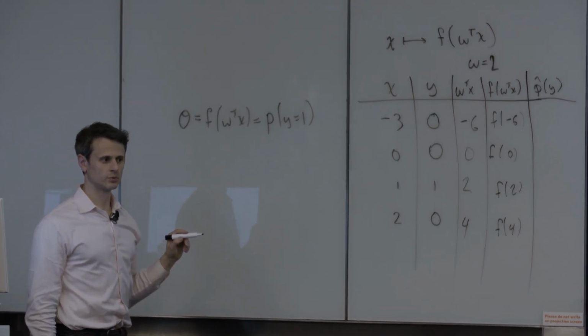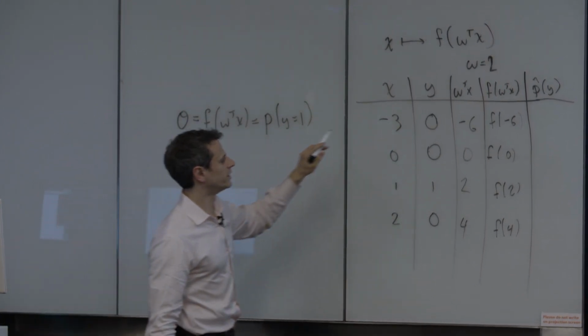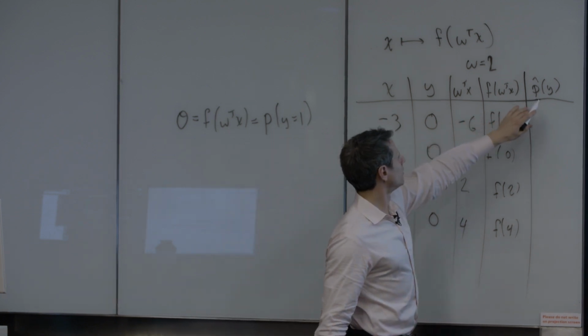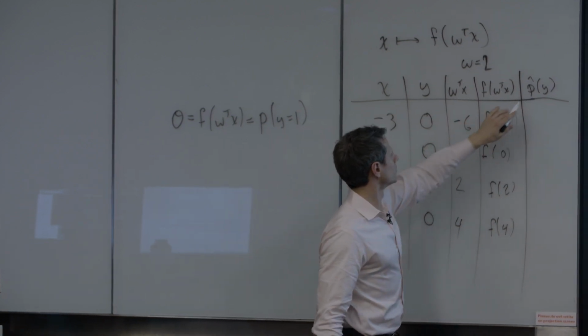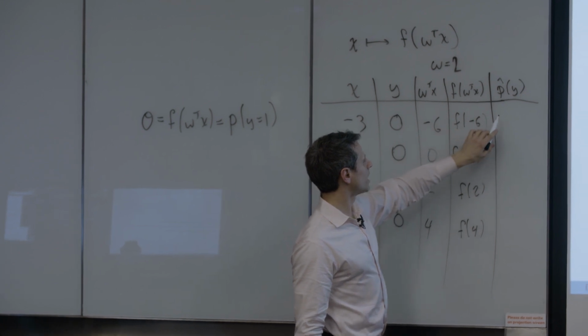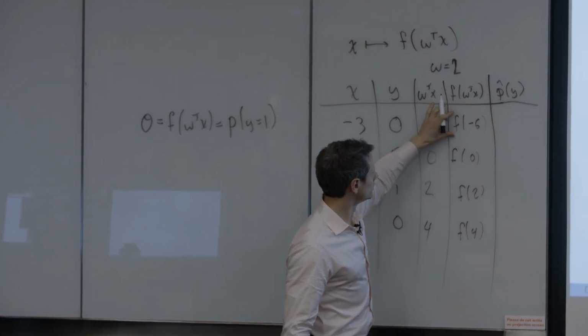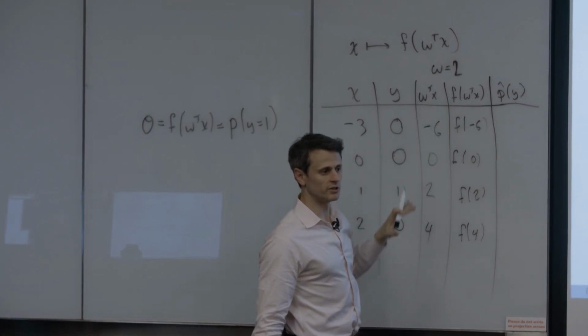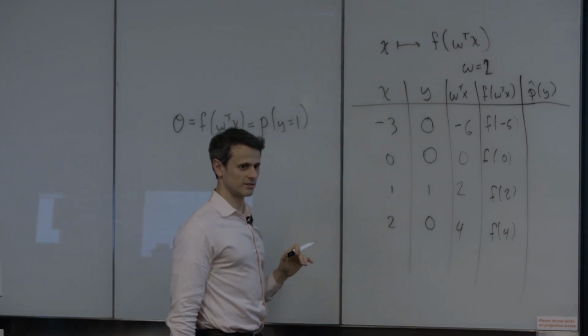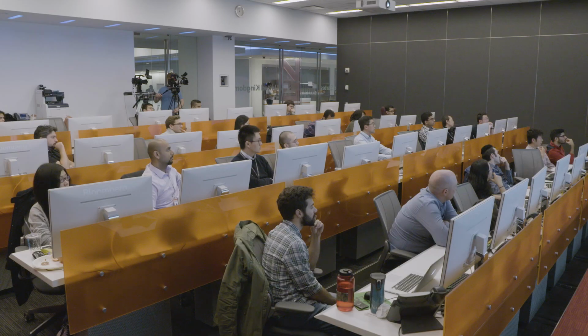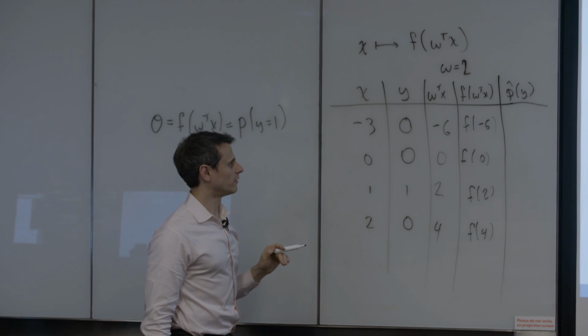Clear? All right, so back over here, p hat of y. So what is y? y is 0. So I need the probability of 0 given we know what f of -6 is. So? 1 minus theta? Yeah, right.